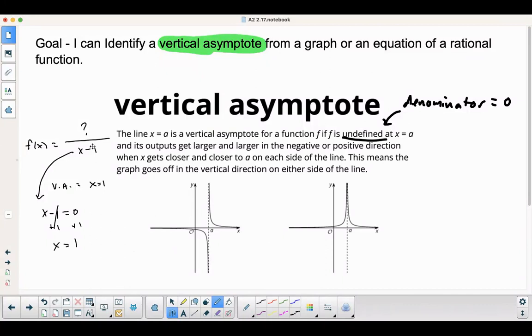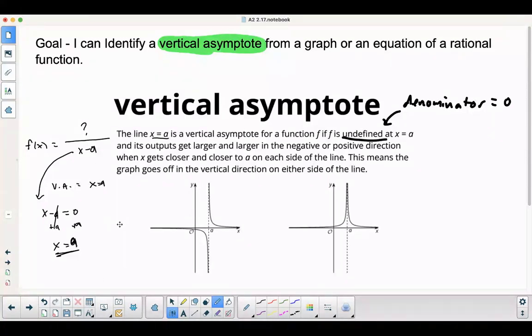So obviously, if it was x minus a, like I had here, my vertical asymptote would be at x equals a, and then I would add a to both sides, and that's how I would get that. Okay, so x equals a is the vertical asymptote, and x minus a would be what's giving you 0 in the denominator.